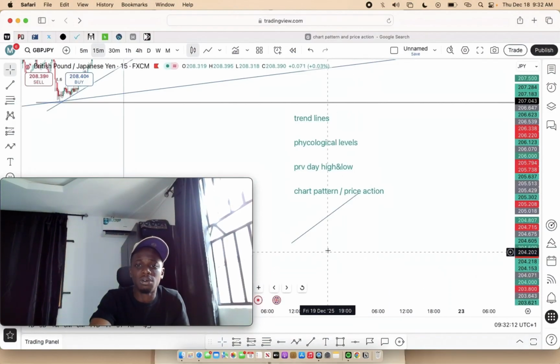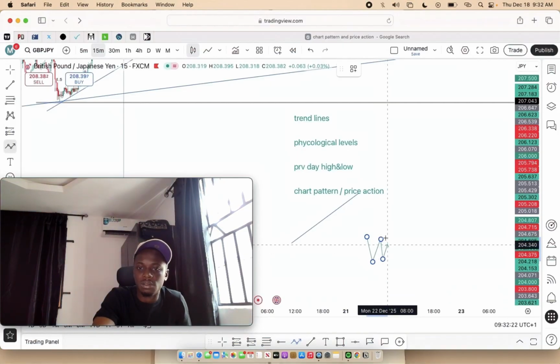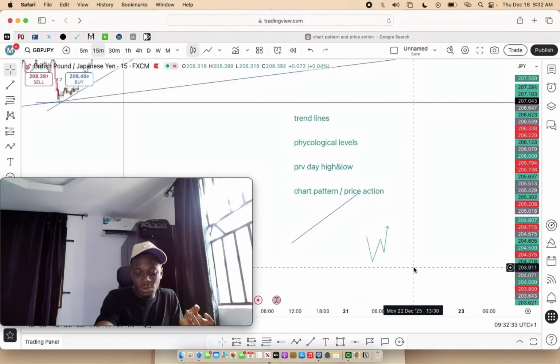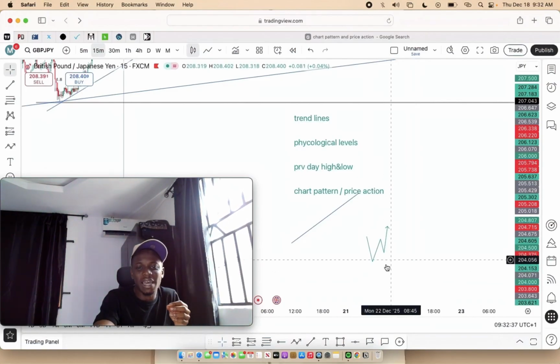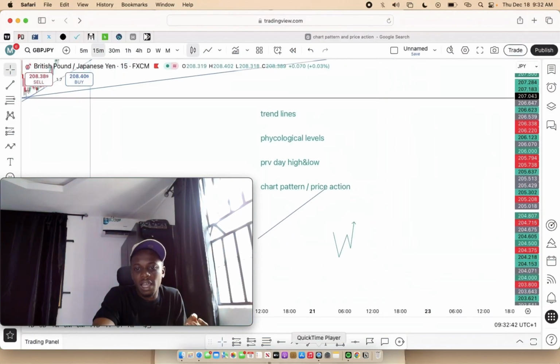So I'm looking for chart pattern like the M and W pattern. It can form in different ways, like W patterns where one leg will be shorter. You're not expecting it to happen exactly the way it's drawn, because that exact form is not accurate all the time.